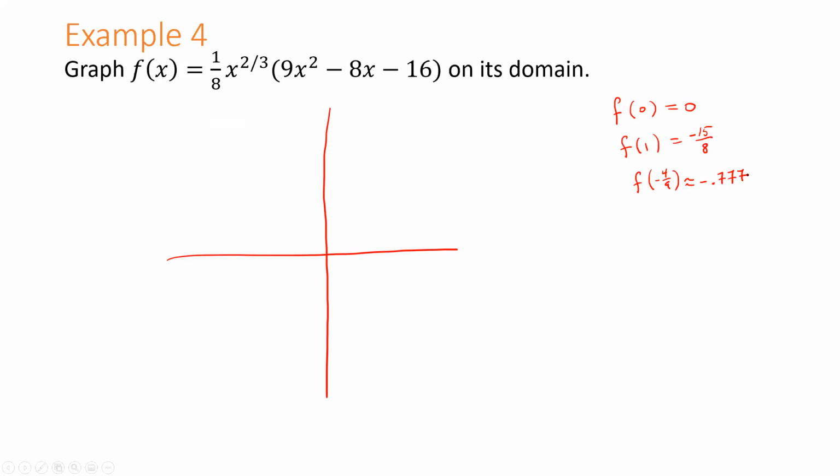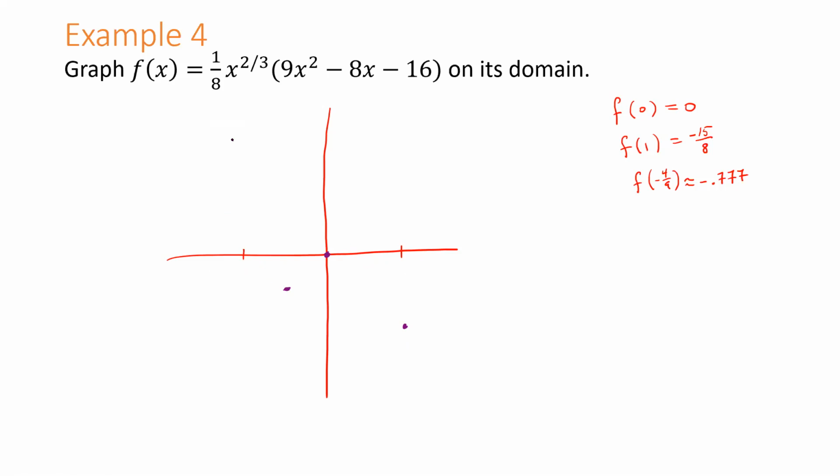Okay, so just getting a rough idea of where the graph might be at each of those key points. Actually, I'm going to widen my x-axis a little bit. Okay, so we have those key points 0, 0, f of 1 at negative 15 over 8, so maybe something down here. Go a little bit deeper there. And then negative 4 over 9, so maybe somewhere in the middle here, and then negative 0.77, so somewhere around there.